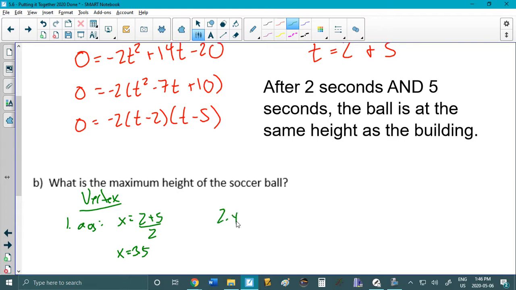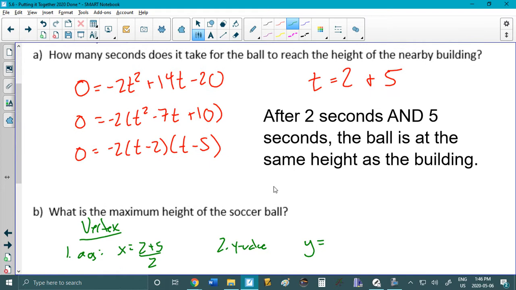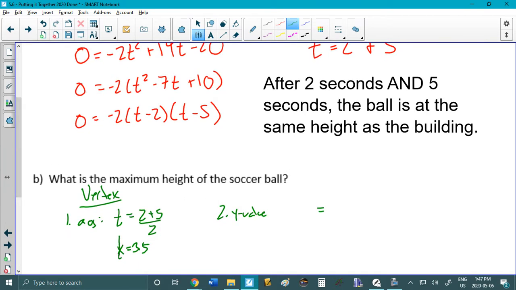And then to get the y value, we have y equals. And we can use the factored form, or we can use the original form. So it shouldn't be y, it should be h. And this x should have been a t, I suppose. It doesn't really matter that much, but there you go. So h equals negative 2, and then I put in my t value there, so 3.5.